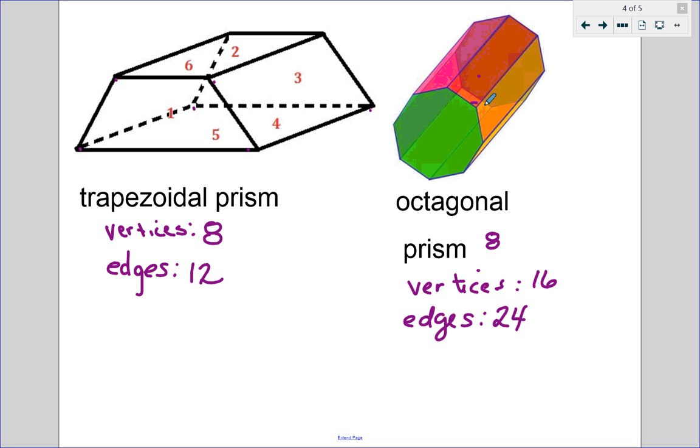All right, a trapezoidal prism, very much like the rectangular prism, except these lines will intersect each other. Whereas with the rectangular, we have that right angle, and those will not intersect each other if it's straight up and down. And so there's just a little bit of difference with those types of things.